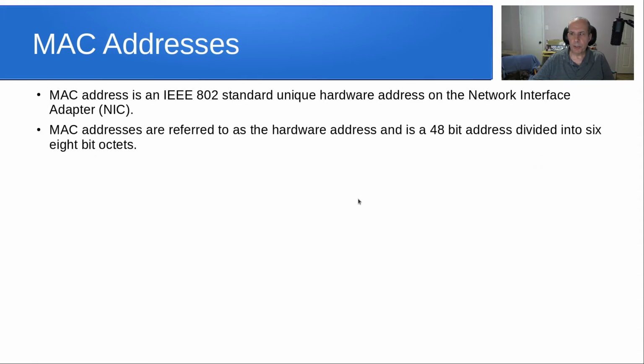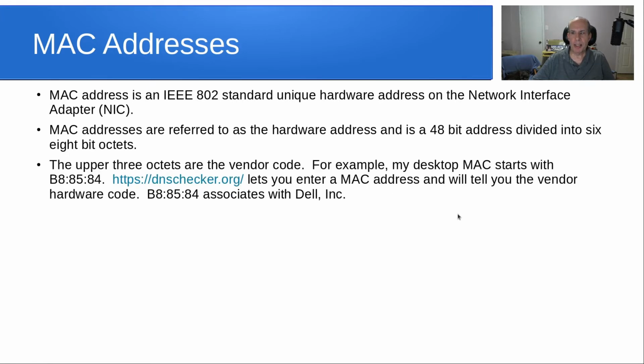MAC addresses are referred to also as the hardware address, and it's a 48-bit address which is divided into 6 8-bit octets. The upper three octets are what we call the vendor code. So the most significant part of it, the first part, is the vendor code.